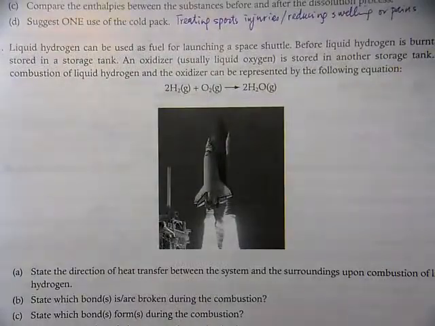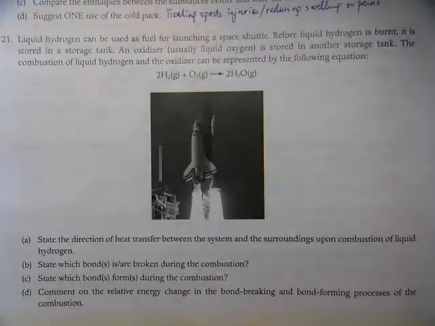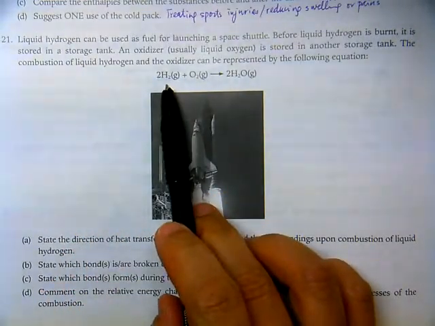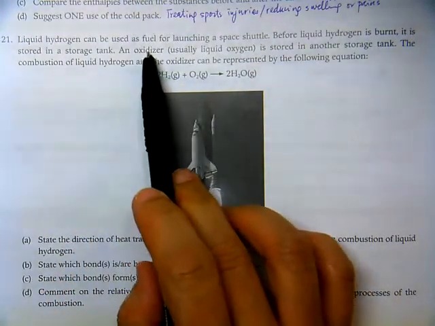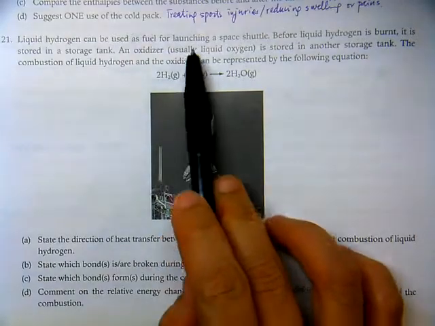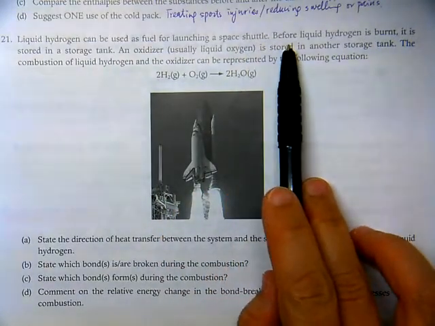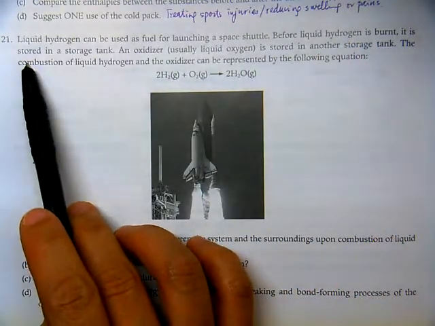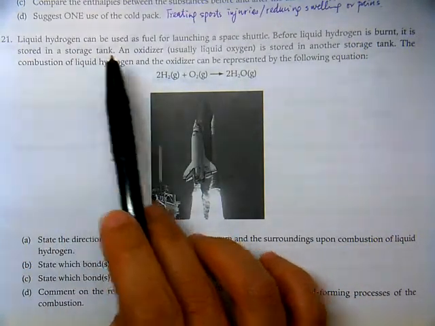Now the last one. Question number 21. Liquid hydrogen can be used as fuel for launching of a space shuttle. Before liquid hydrogen is burned, it is stored in the storage tank.